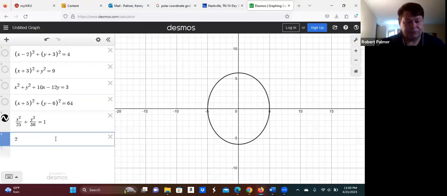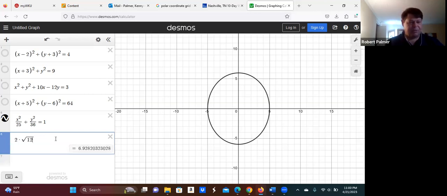2 times the square root of 12 is approximately 6.93.